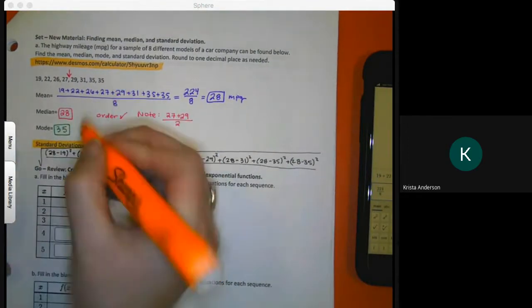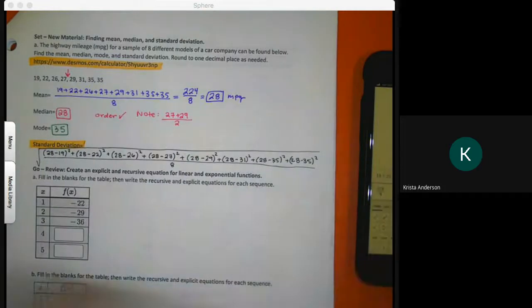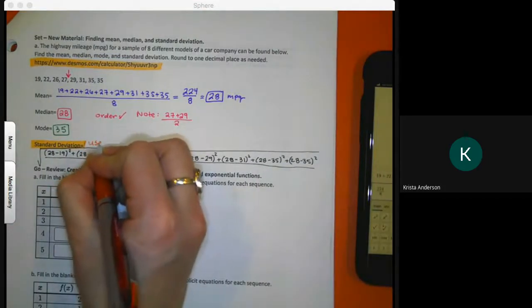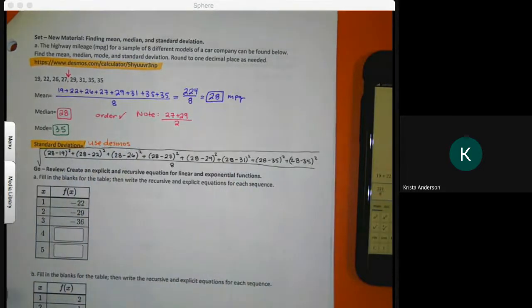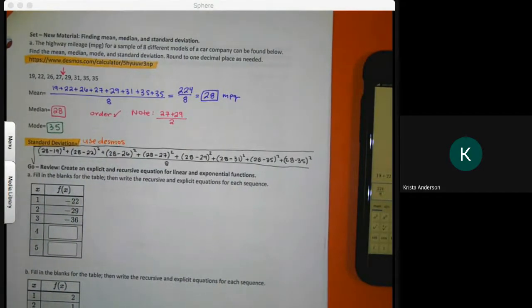So I'm going to use Desmos, and I'm going to show you how it will complete that for you. All right, this is going to be interesting. Okay, I'm going to share window. Nope. Share a tab.